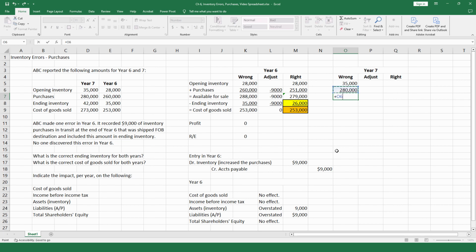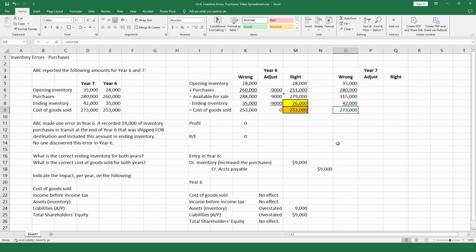If I take the opening inventory and I add in the purchases, I know my available for sale is $315,000. I've got to take the ending inventory of $42,000. If I take the available for sale and deduct the ending inventory, that gives me cost of goods sold of $273,000, which is exactly the same as the information in the question.